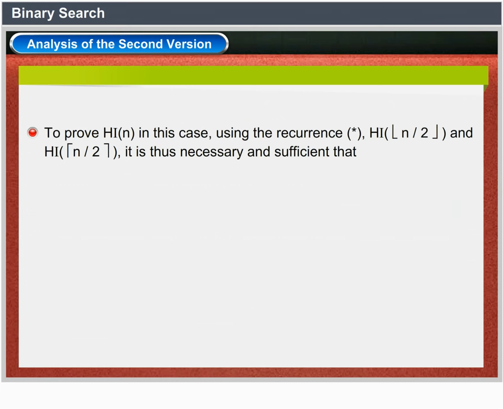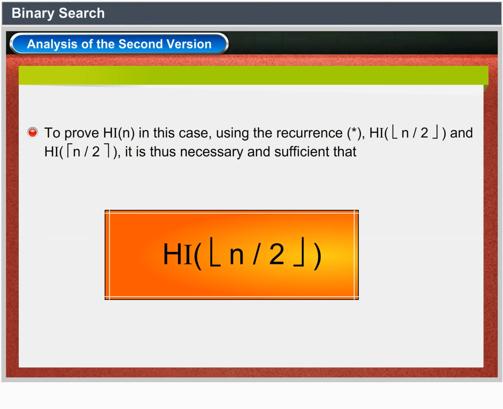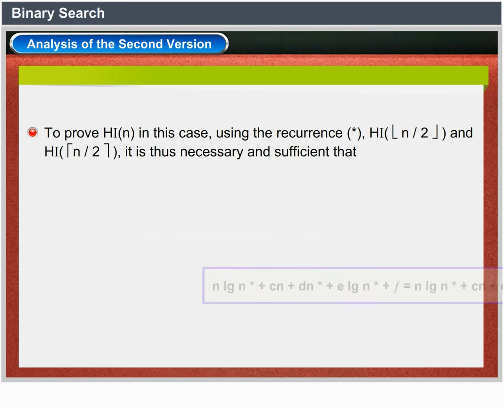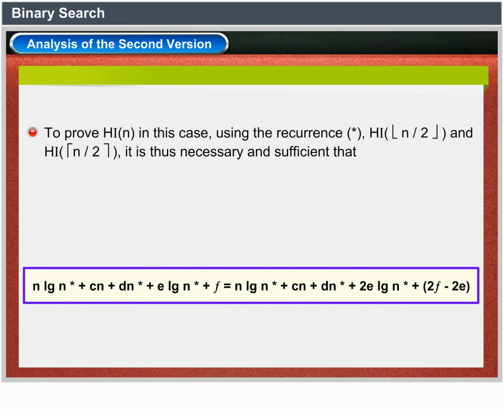To prove H(n), in this case using the recurrence * with ⌊n/2⌋ and ⌈n/2⌉, it is thus necessary and sufficient that n log n* + cn + dn* + e log n* + f = n log n* + cn + dn* + 2e log n* + 2f − 2e.